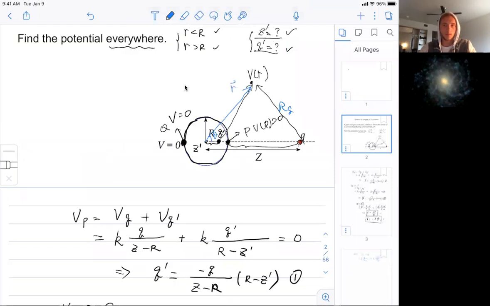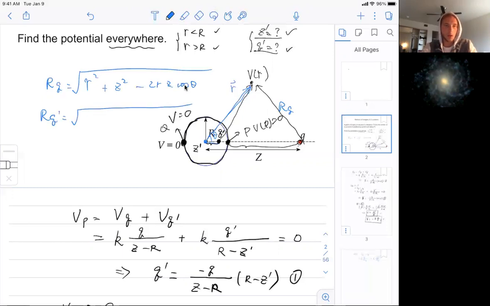Using the law of cosines, script R_Q is going to be the square root of R squared plus z squared minus 2Rz cosine theta. So this is R and this is z, and they make an angle theta. And similarly, script R_Q prime is going to be r squared plus z prime squared minus 2 r z prime cosine theta.